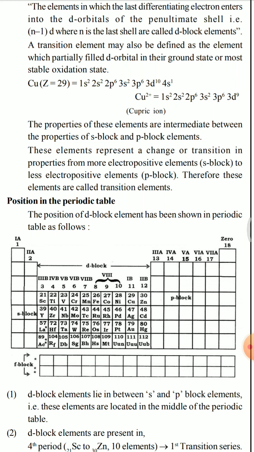So in the ion also, the 3d orbital is completely filled. Therefore, as per the definition, they should not be called transition elements. But they are also called transition elements because they are the end members of the transition series.